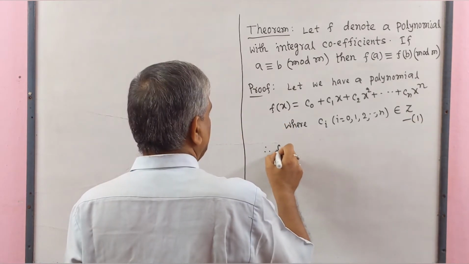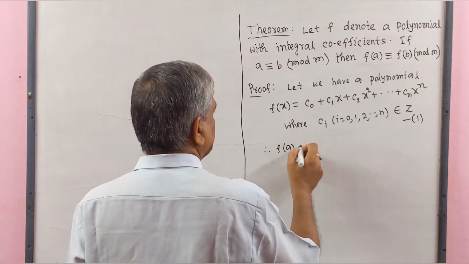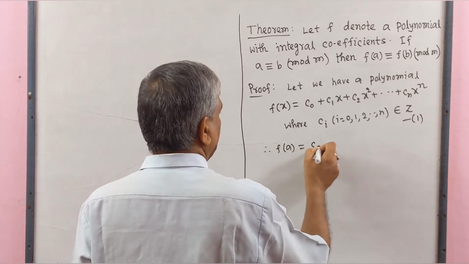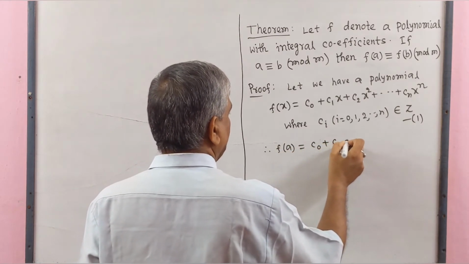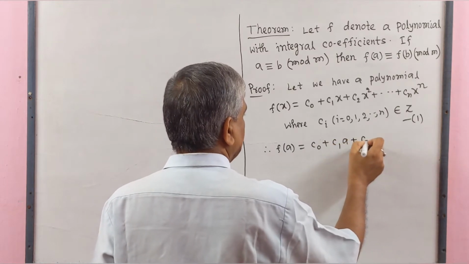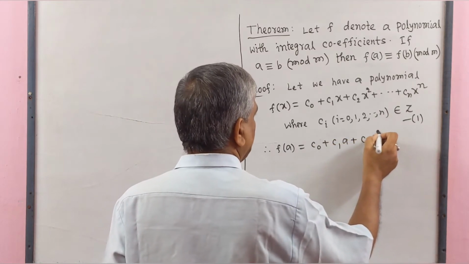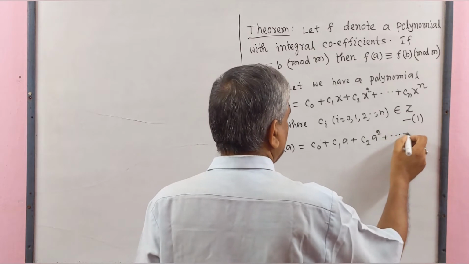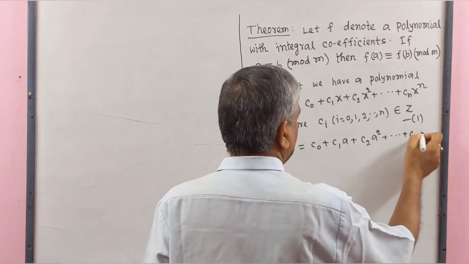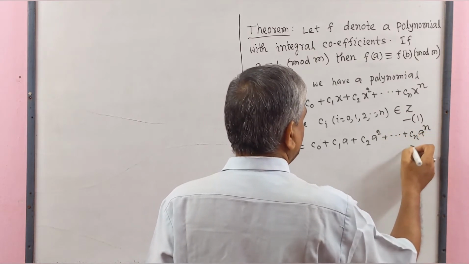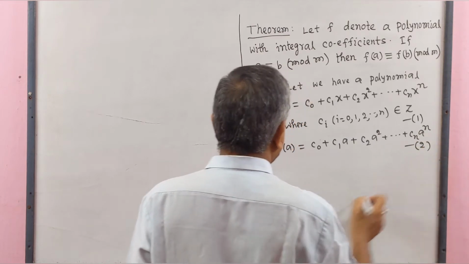Therefore f(a) equal to c0 plus c1a plus c2a square plus dot dot dot plus cn a to the power n. This is number 2.